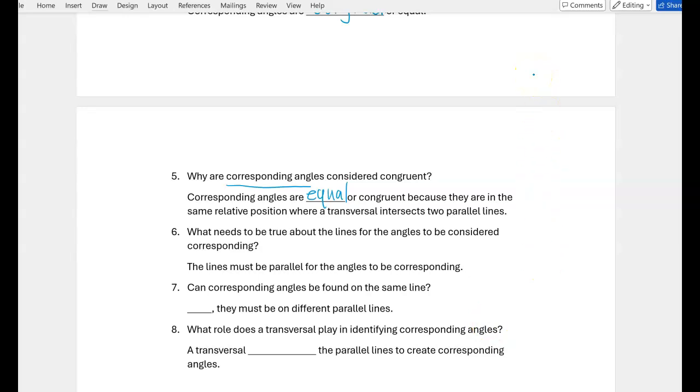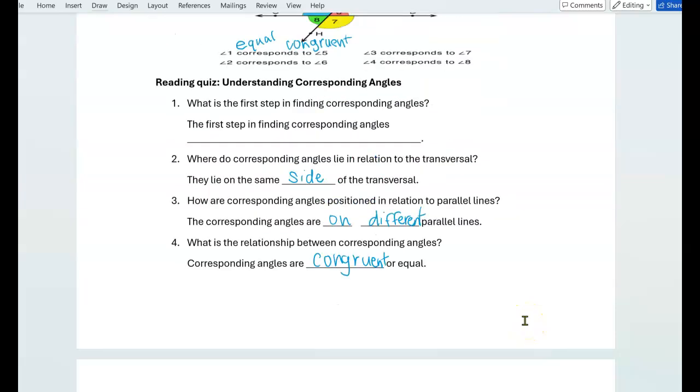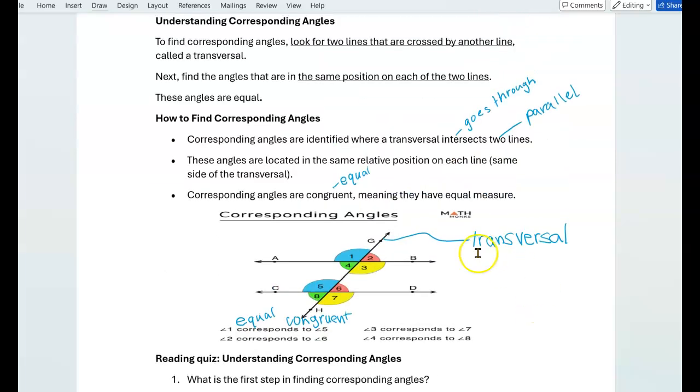A transversal goes through. It goes through or intersects the parallel lines to create corresponding angles. Okay, so we definitely need to be referring to this when we answer our questions on corresponding angles.